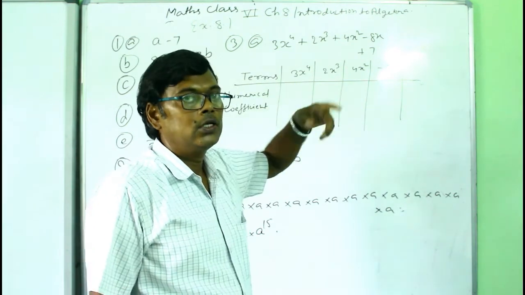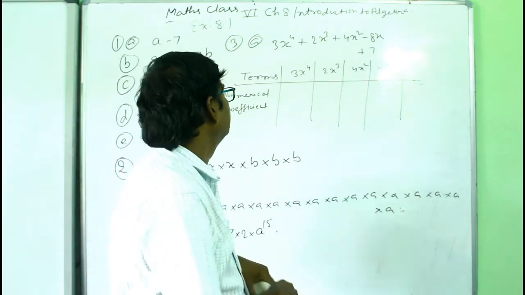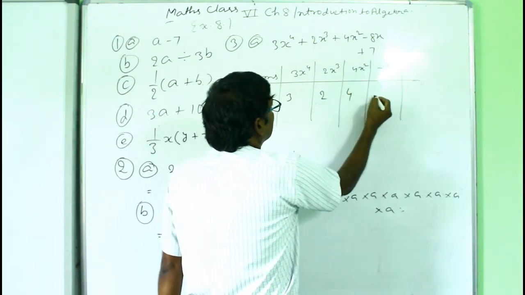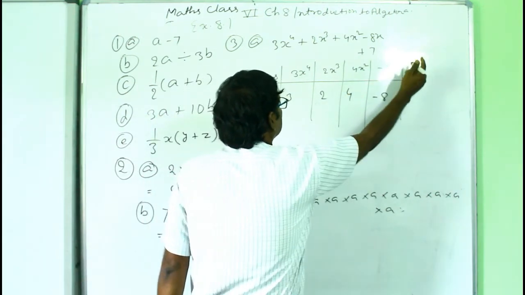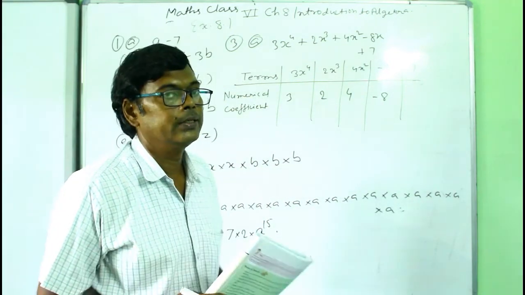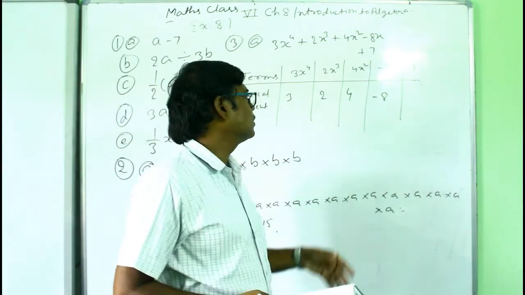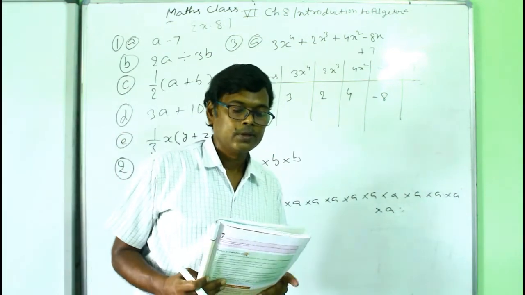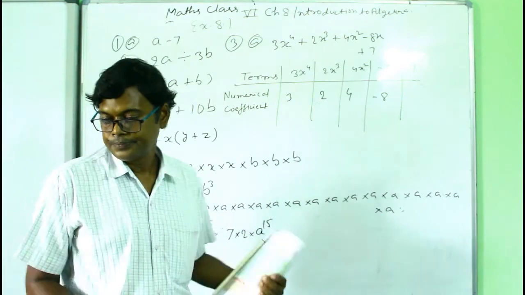So what is the numerical coefficient here? 3. So here the answer will be 3. In this it will be 2. Here it will be 4, and here it will be minus 8. And actually here 7 is already a number. So here there is no coefficient. Okay. So here these are the numerical coefficients of this question.